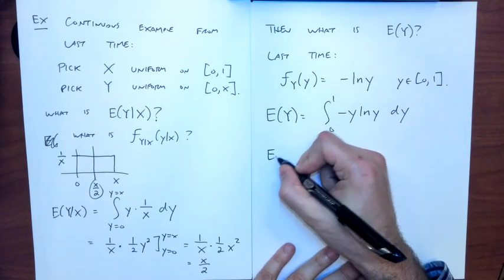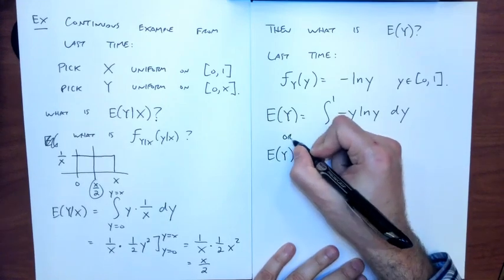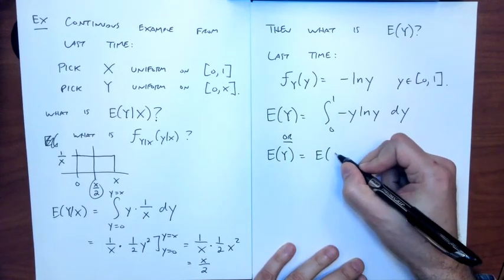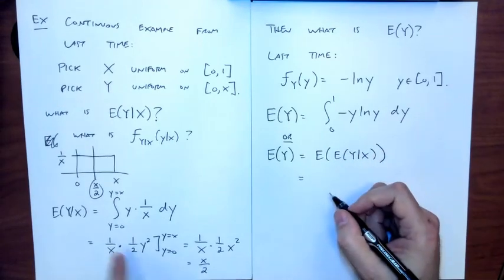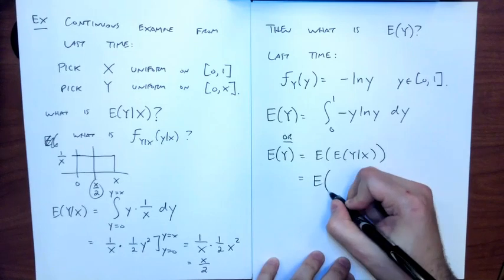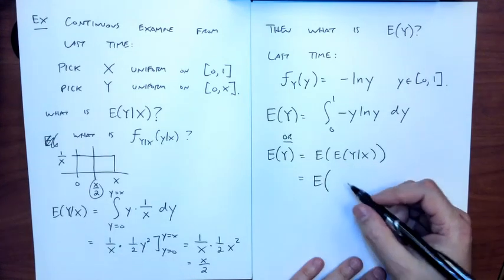But now I can use the law of iterated expectation to say, well, all I could do is take the expected value of y given x, right? What did I learn over here? I learned that the expected value of y given x was x over 2.